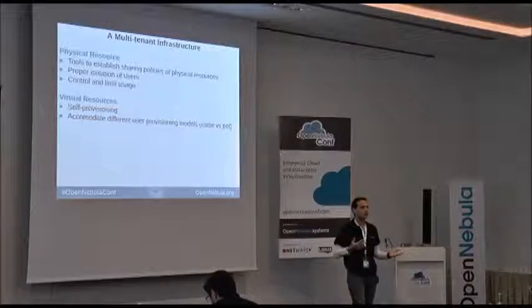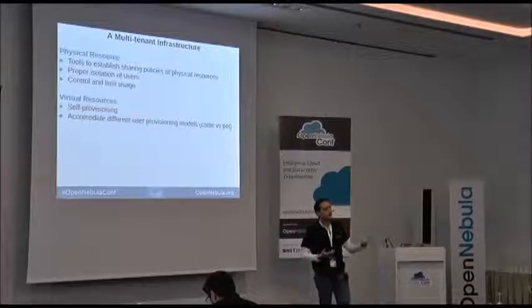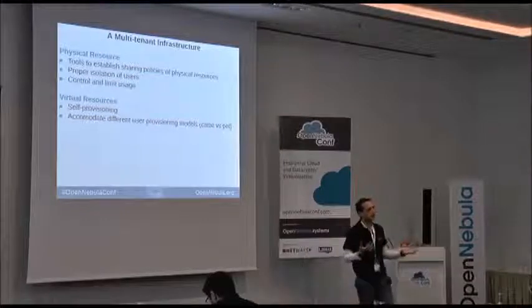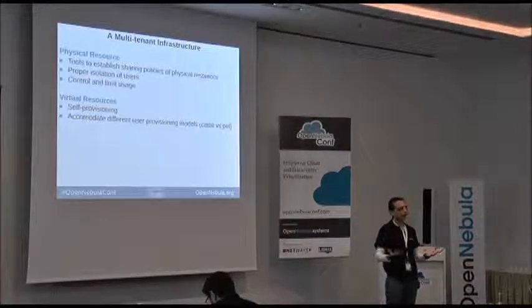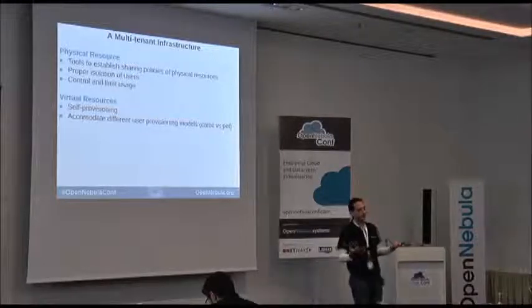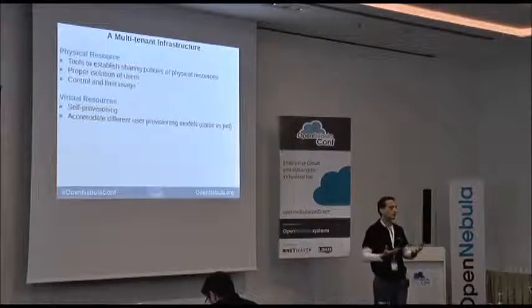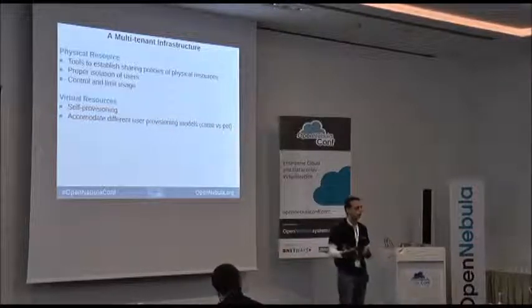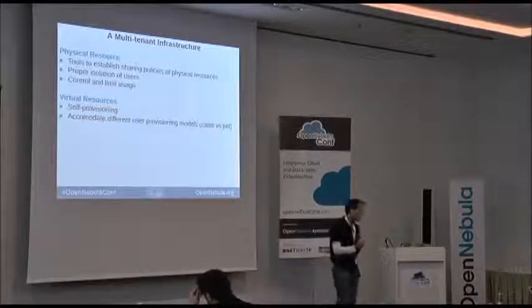I'm going to talk about this later, but there are 2 different use cases and 2 different provisioning models that are valid when you go to cloud. We've heard of this in some of the talks yesterday, and OpenNebula tries to implement both, so you can choose whatever is better for your cloud, right?